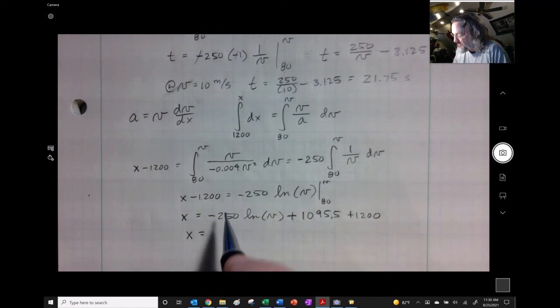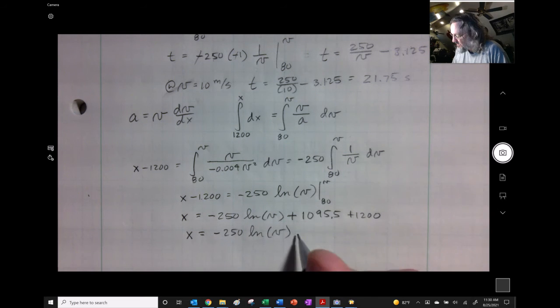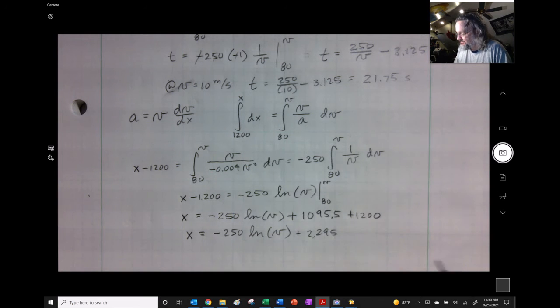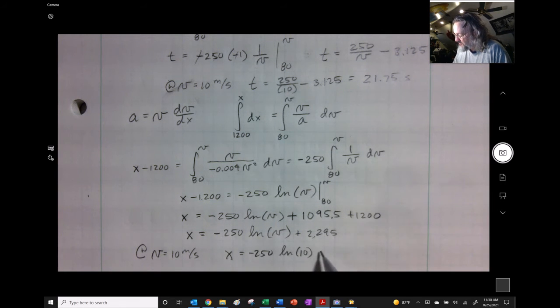Boom. And we're going to say that it's negative 250 times the natural log of v plus 2,295.96. So at v equal to 10 meters per second, x is negative 250 natural log of 10 plus 2295.96.